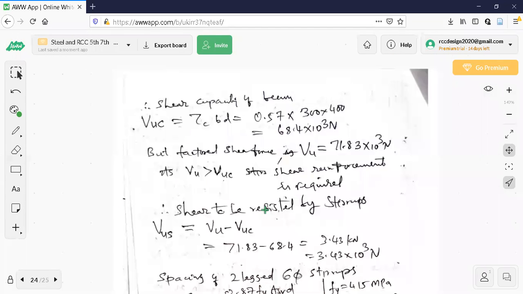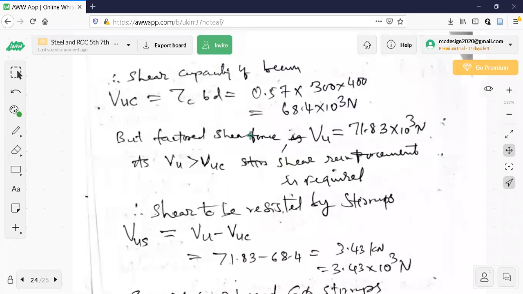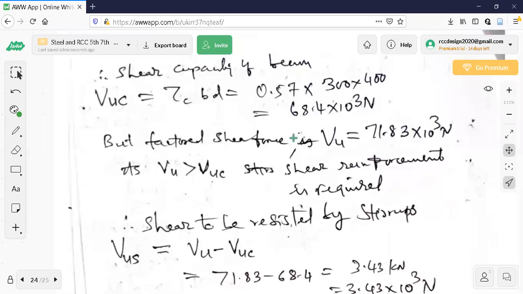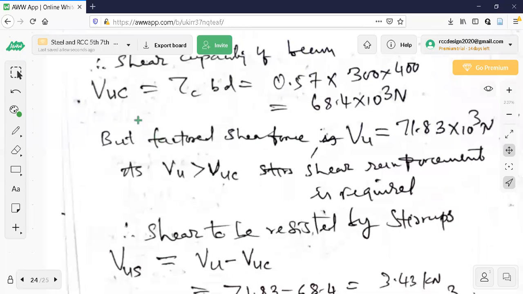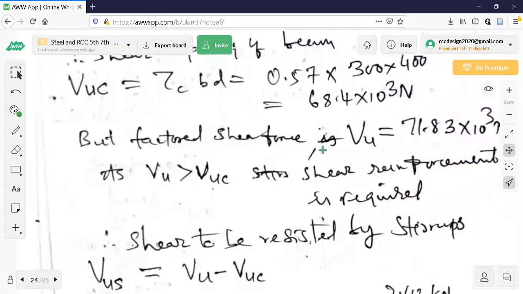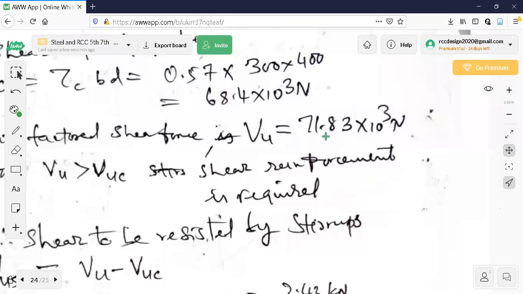Next page it is. See this one. Therefore, shear capacity of the beam without any stirrups is 68.4. Tau c BD is giving me a value 68.4 into 10 raised to 3. Now you compare this one with the factored. How much is the shear force acting on the beam? Whereas the beam without stirrups is able to resist 68.4, but actually it is subjected to 71.8.